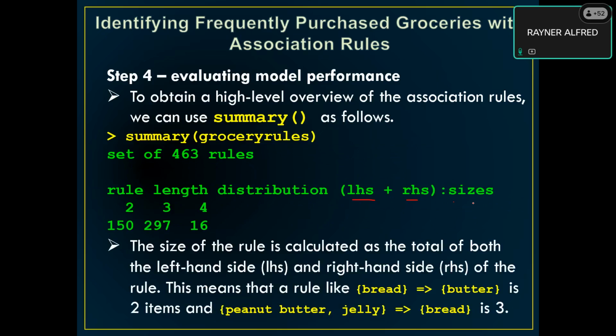This is the size. If we have 2, that means 1, 1. We have 150 rules. If we have 3, that means 2, 1 or 1, 2. So we have 293 and so on.